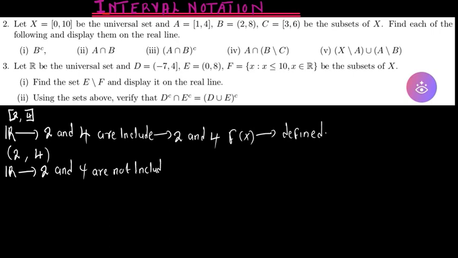They are not included on the real line. Why? Because 2 and 4, upon being inserted into the function of f of x, will make the function of f of x undefined. So that is what you're supposed to know.